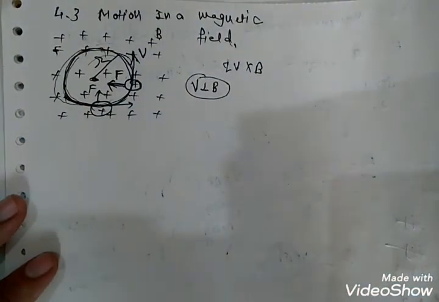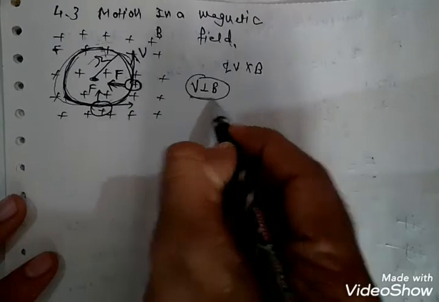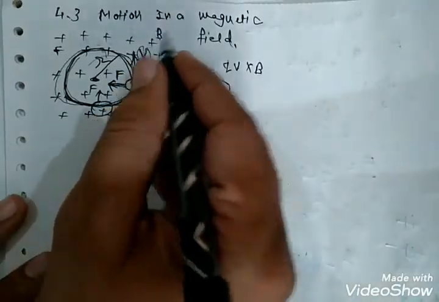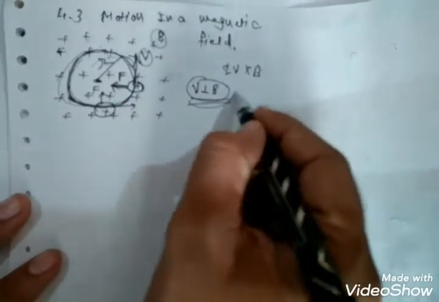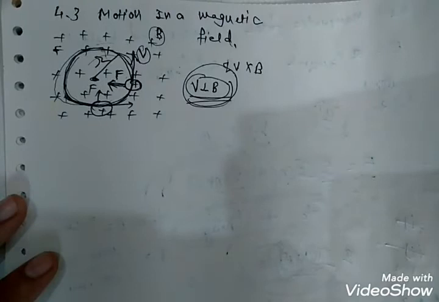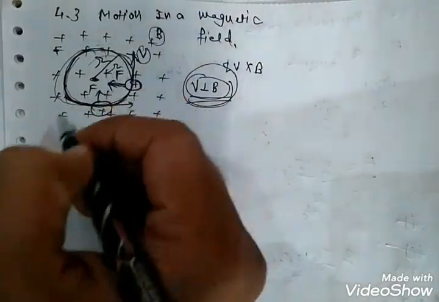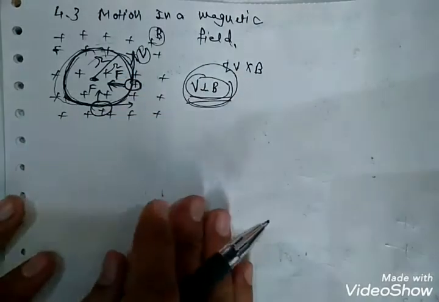The particle will describe a circle if V and B are perpendicular to each other, with radius r.